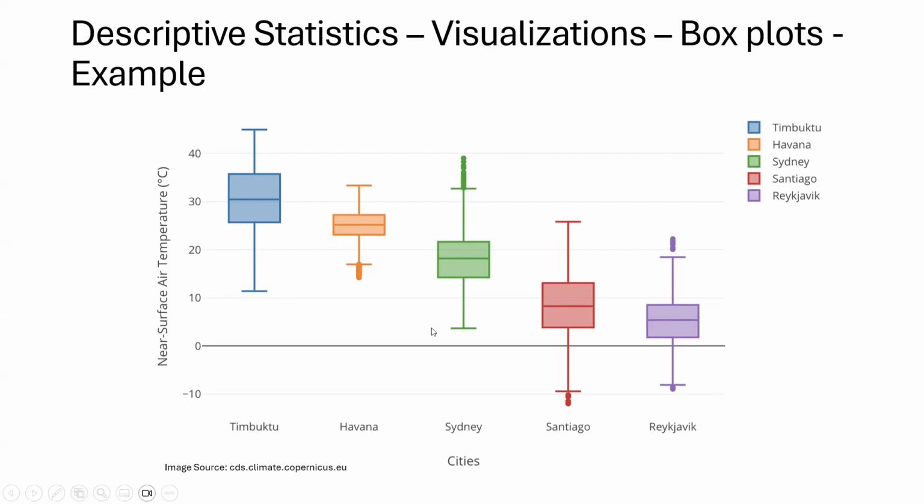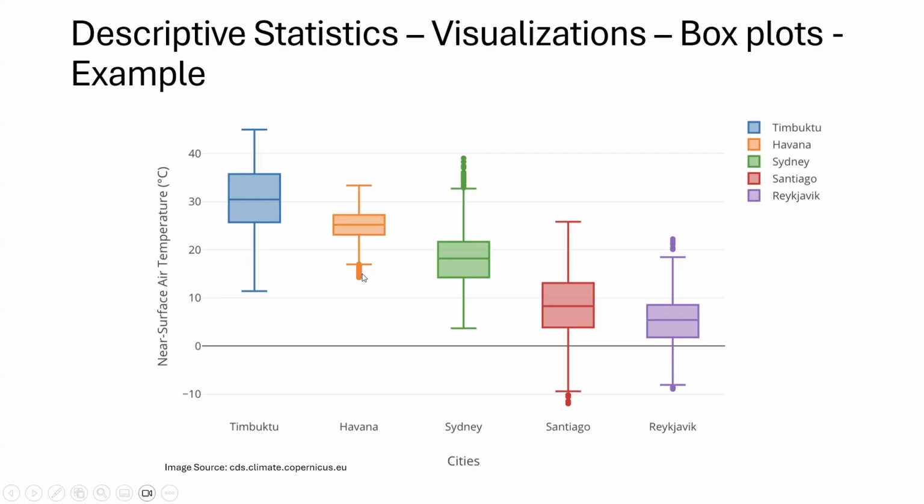This shows that at a very quick glance we know that this location is having the highest temperatures. ठीक है, because इसका डेटा रेंज is on the higher scale as compared to the other temperatures. Then we can see that there are outliers in case of Havana, the lower outliers.